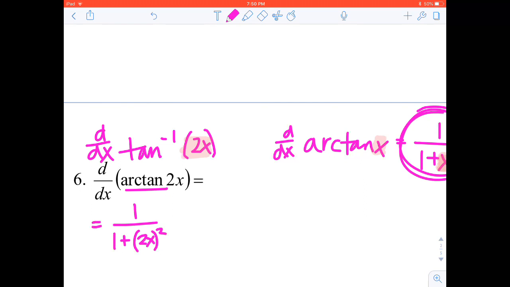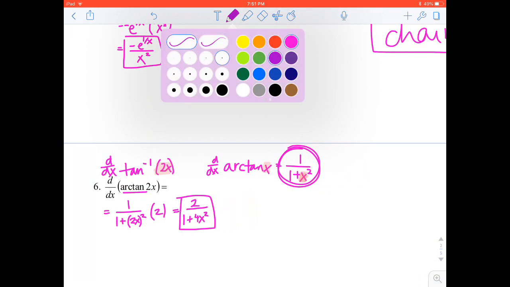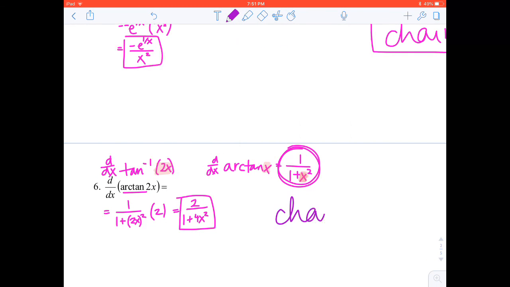And now we just have to multiply by the derivative of the inside. So the derivative of 2x is just going to be 2. And you can go ahead and take that 2, put it in the numerator. 1 plus 2 squared is 4, x squared. So that would be your derivative here. And this was a chain rule.